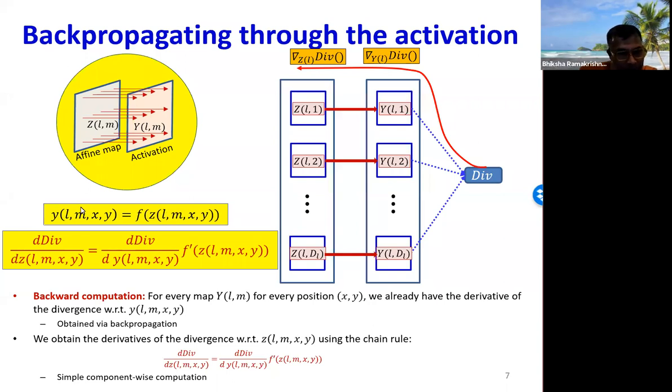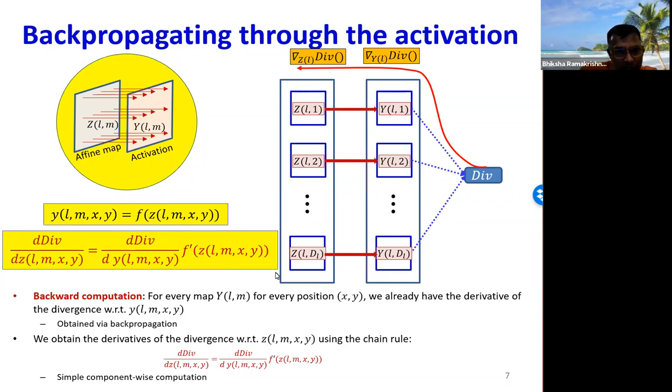Going backwards, if you have a derivative with respect to y, lmxy, which is the activation output, the derivative with respect to the affine value is simply obtained using the chain rule: the derivative with respect to z, lmxy, is the derivative of the divergence with respect to y times the derivative of the activation function itself. So we saw this in the last class.